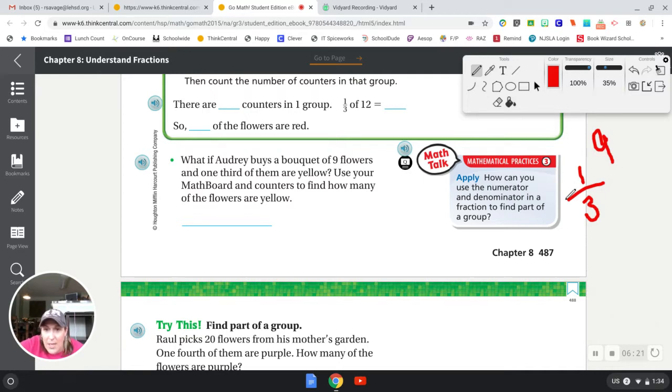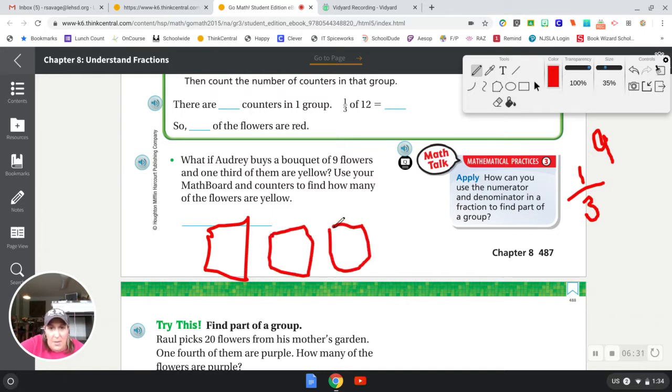So when I look at my denominator of 3, that means I'm going to make 3 groups. Whoops, camera's over here. 3 groups. So still getting used to these drawing tools, but I'm happy I have them. I'm going to make 3 groups. Yes, 1, 2, 3. Now I'm going to deal out 9 flowers into those 3 groups. Now, if you know how 9 and 3 work together, which a lot of you do, you might know this.